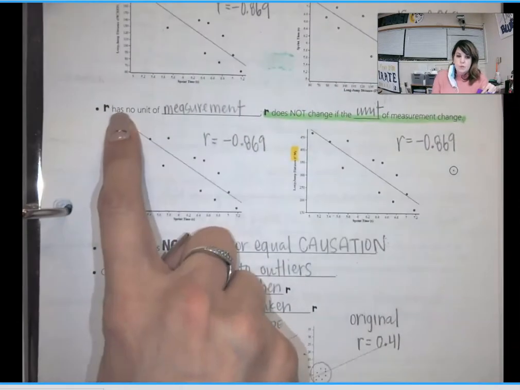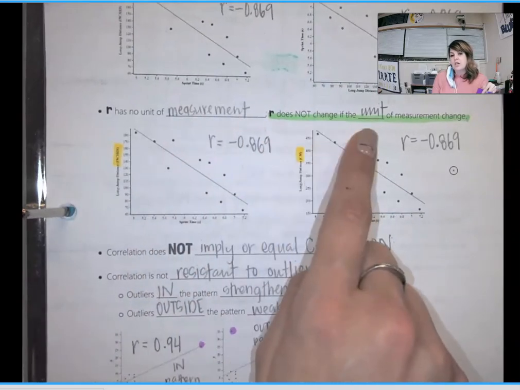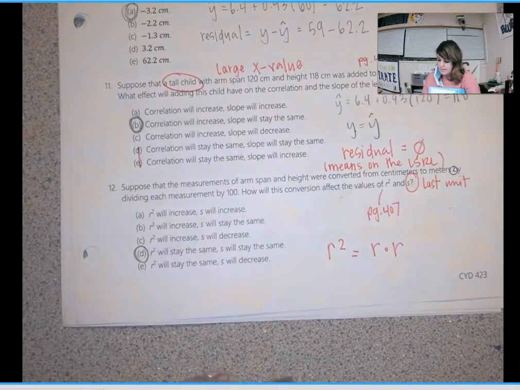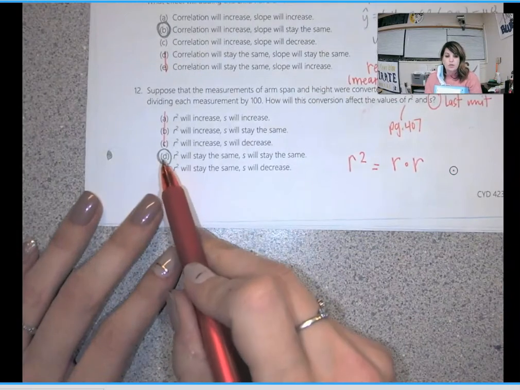So that's this one. R has no unit of measurement, so R does not change if the unit of measurement changes.